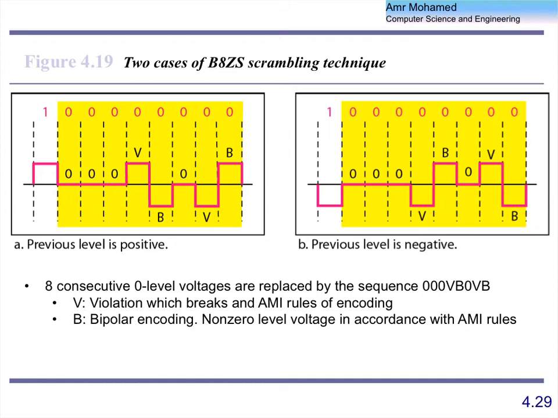Did I add any new thing here? I did not add any extra bit. Remember, the only thing I did is that I changed the 0 voltage into something like this. Obviously, what I have done here is that I created more changes, right, which enhances the self-synchronization. So that part is clear.